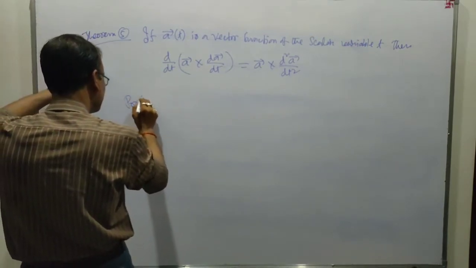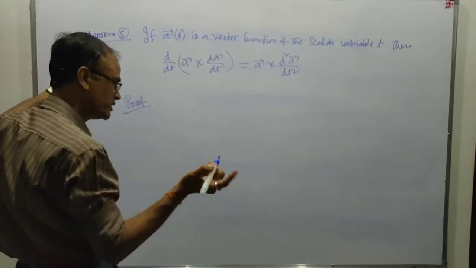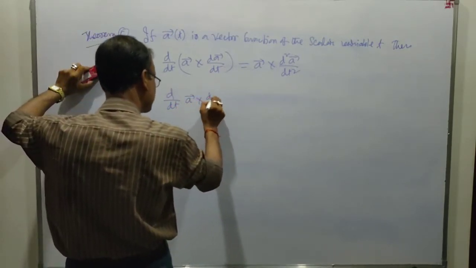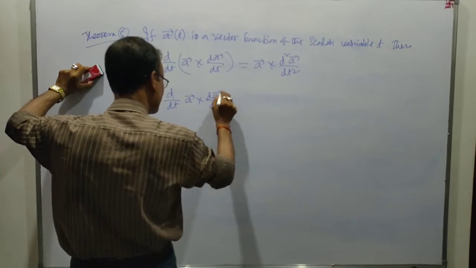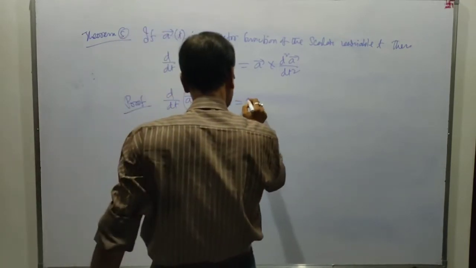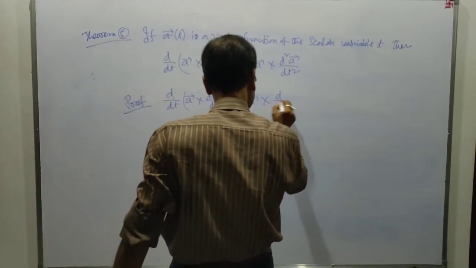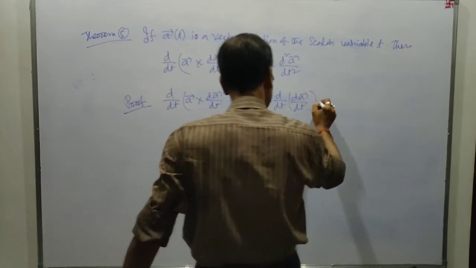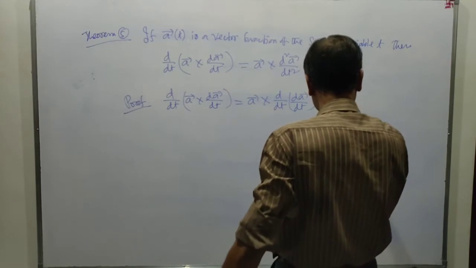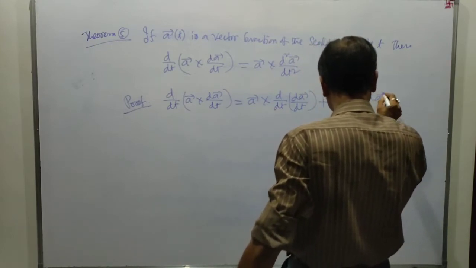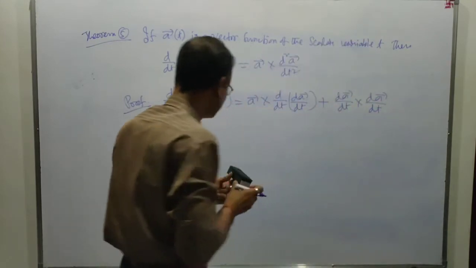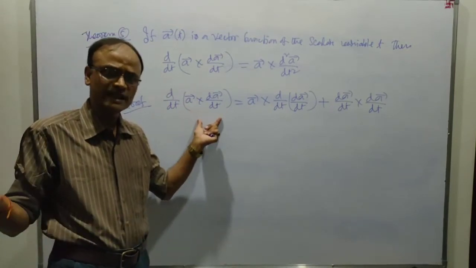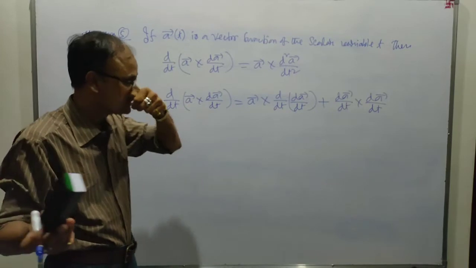Proof will be completed within 2 minutes. d by dt of A vector cross dA vector by dt is equal to A vector cross d by dt of dA vector by dt plus dA vector by dt cross dA vector by dt. Derivatives of the cross product of two vectors we have already given in the last class.